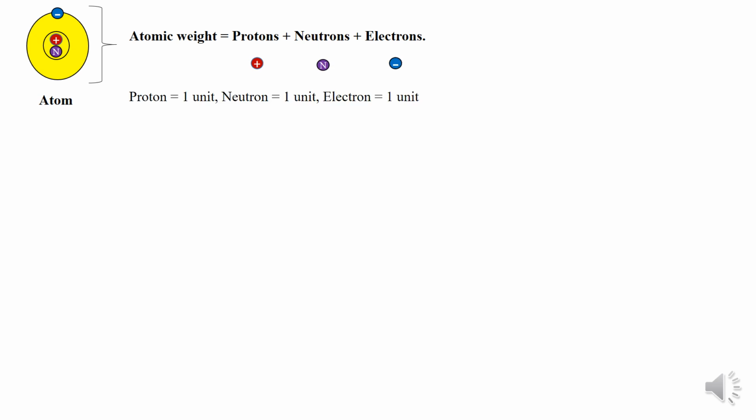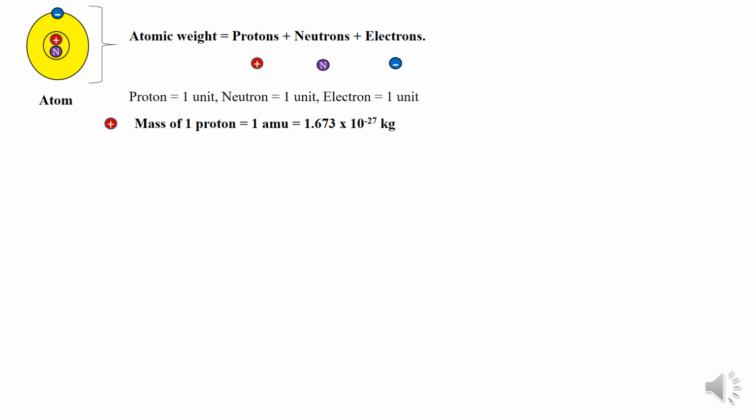And each subatomic particle will be considered as 1 unit. So proton will be considered as 1 unit, neutron will be considered as 1 unit, electron will be considered as 1 unit. So mass of 1 proton is 1.673 into 10 to the power minus 27 kilograms.